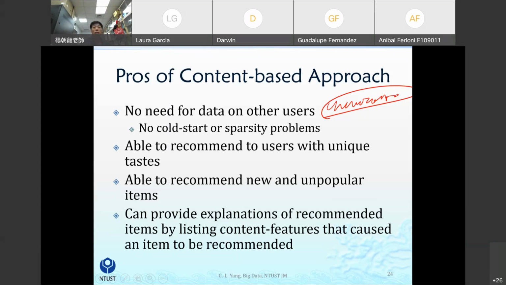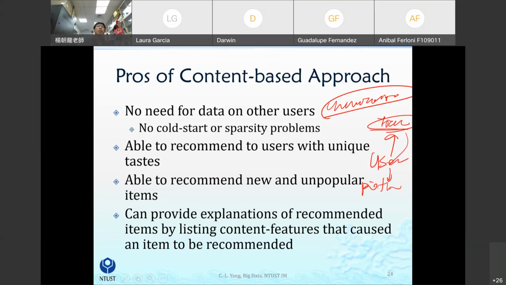And also, it is able to recommend to users with unique tastes, right? Maybe some customers like special items, but we can still find them, because if you purchased one before, we are able to link it with the user. Do you remember the user profile versus the item profile? Item profile links with user profile.